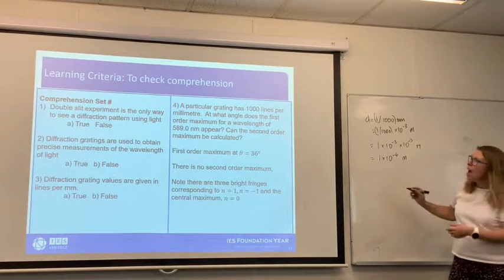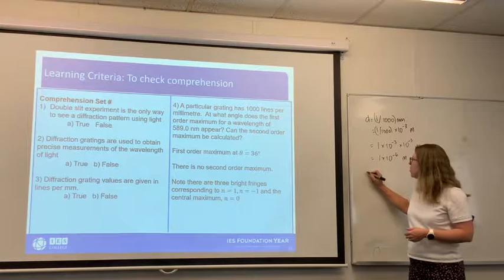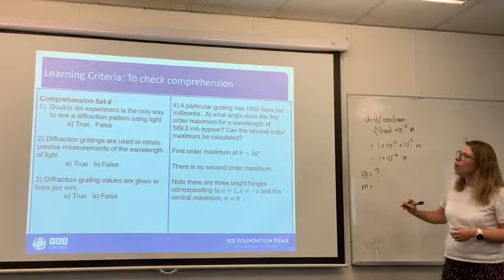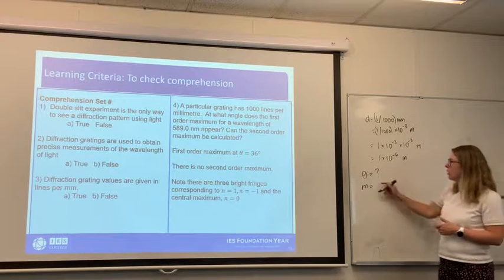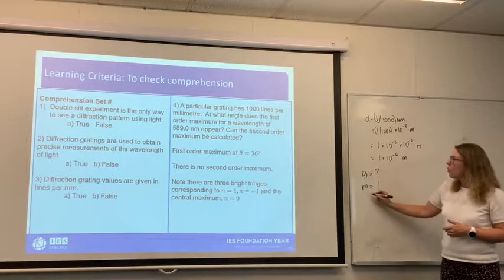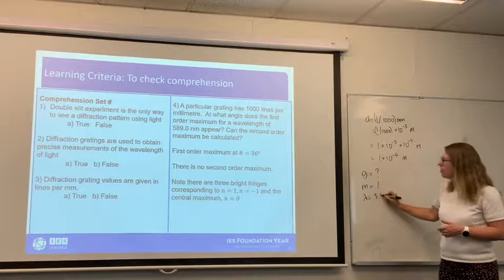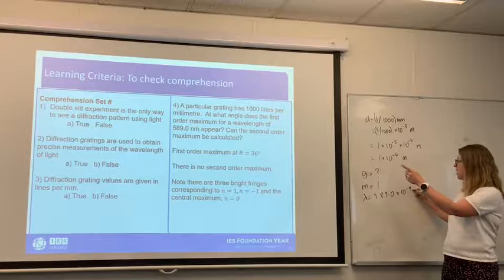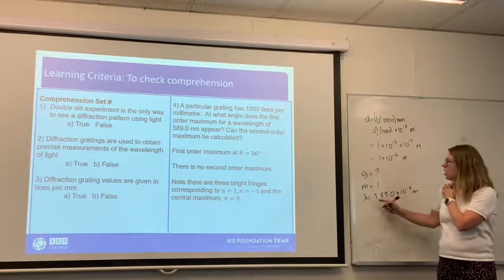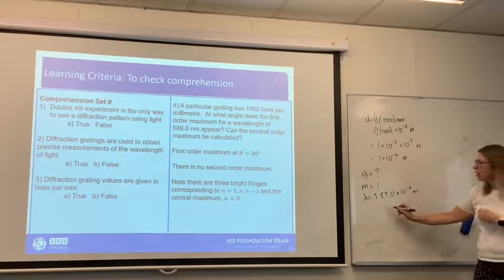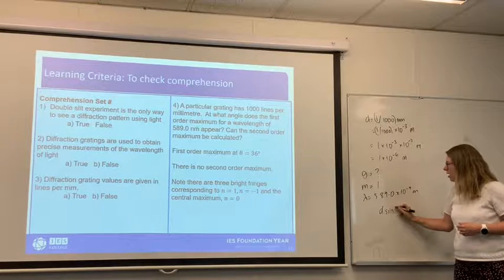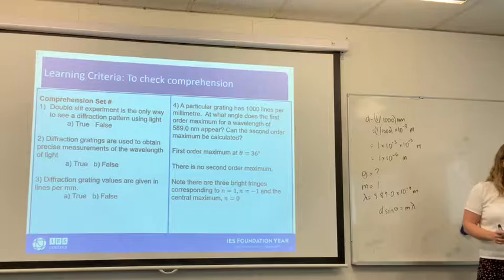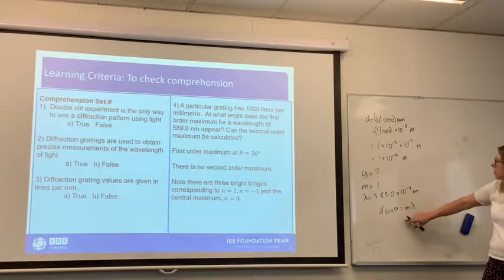Okay? At what angle does the first order maximum occur? So I'm looking for m equals 1, for a wavelength of 589.0 nanometers, which is 589.0 times 10 to the negative 9 meters. If I have these values and I know that d sine theta equals m wavelength, I'm just going to substitute in.